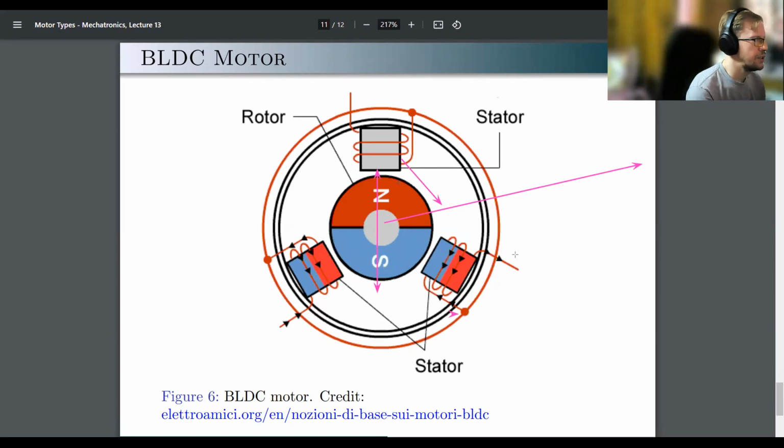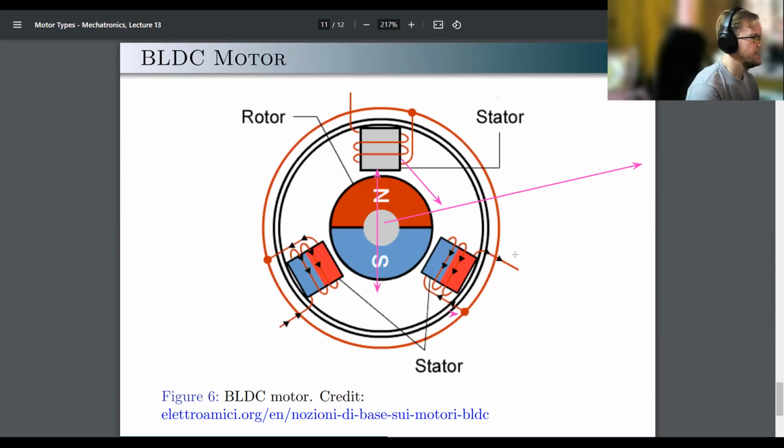Now, what is different between a brushless motor and an AC motor is the fact that a brushless motor is not built to be run by the wall current. So you don't put three-phase electricity through a brushless motor. In the first place, they're quite small compared to industrial motors.